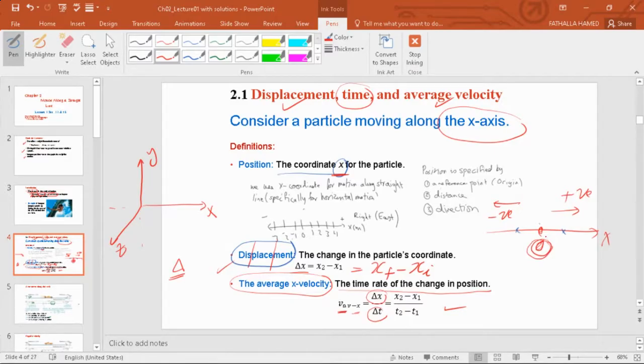So it could be positive to the right or negative to the left. And then we talked about the displacement, which is delta x, which is equal to x2 minus x1. Now we can look at the time rate of change of position, which is delta x over delta t, which is x2 minus x1 over t2 minus t1. Is this clear? Any question on this?